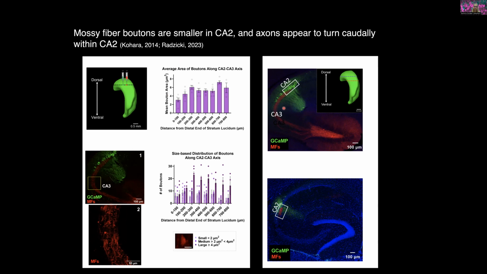But then if we go a little bit more ventrally in another plane of section, we see that red protein, I think it was tdTomato, is really only in CA2. And this really implies that these axons are coming around the curve and then shooting backwards, caudally or ventrally, if you will, within CA2. And so that's, I think, a super interesting feature that we were able to replicate from Kohara's lab.